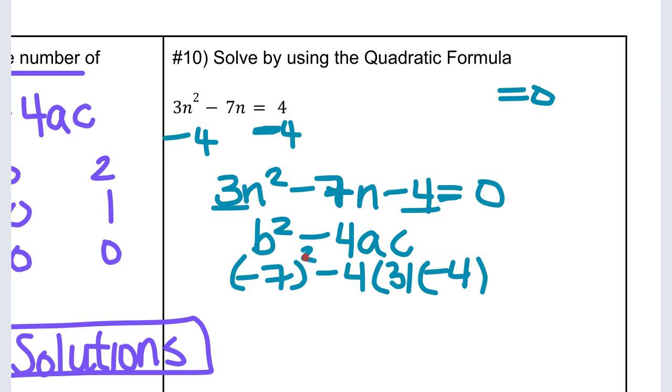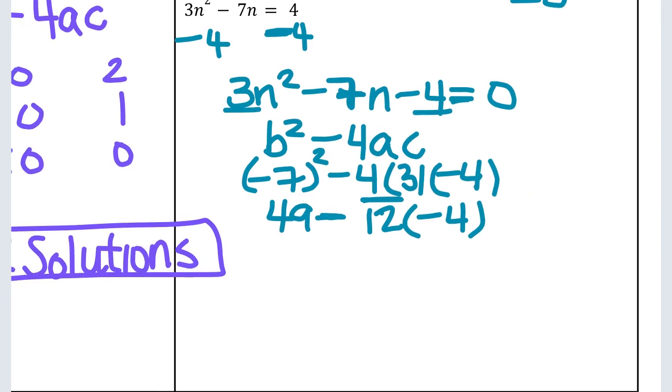Negative 7 squared is negative 7 times negative 7, which is 49, minus 4 times 3 is 12, times negative 4, so 49 plus 48. Actually, this total would be 97 as per carrying the 1. 97 is positive, meaning 2 real solutions.